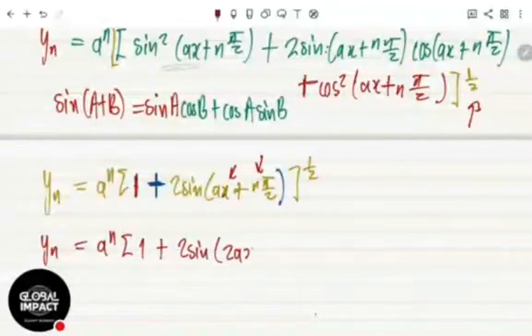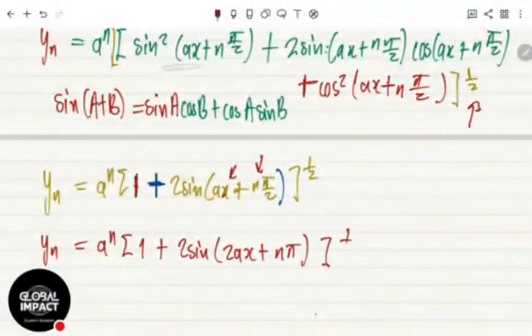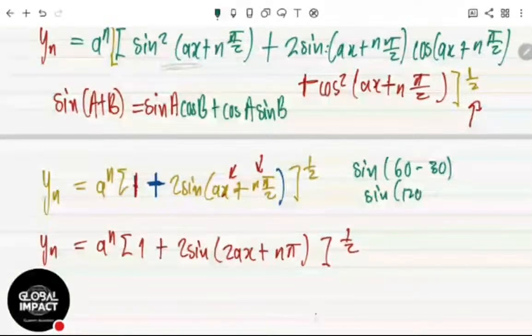This becomes 2ax plus n pi. The answer should not change, and this is still to the power half. Try it like what I told you. Try it to say, what is sine of 60 minus 30? Is it going to be the same as sine of 120 minus 60?